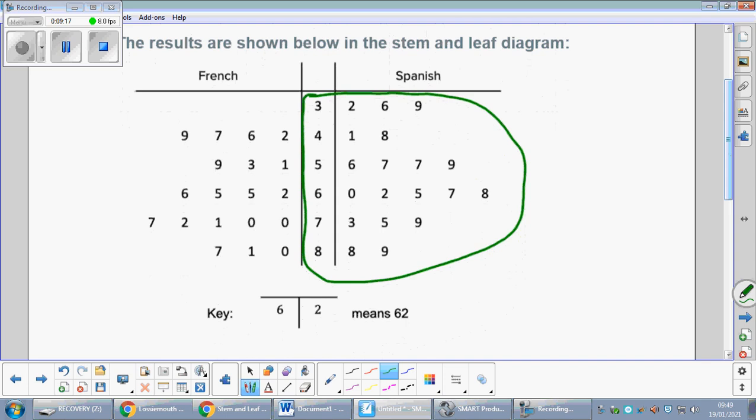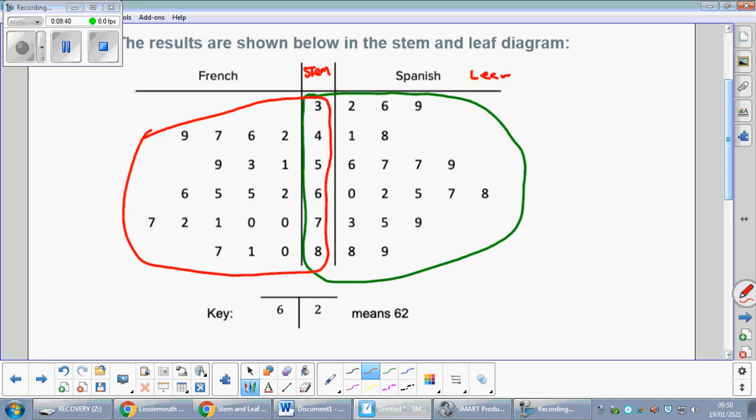That was the Spanish results, and these ones here, which look back to front, are the French results. It's still the same. That's the stem in the middle, so that's your stem there, and these are your leaves here and here.